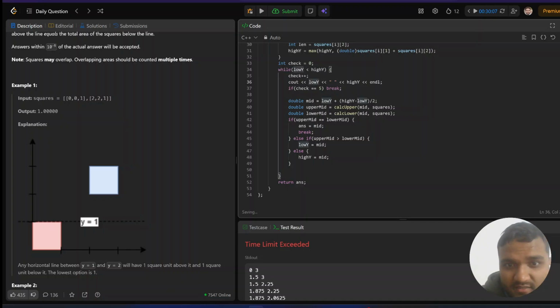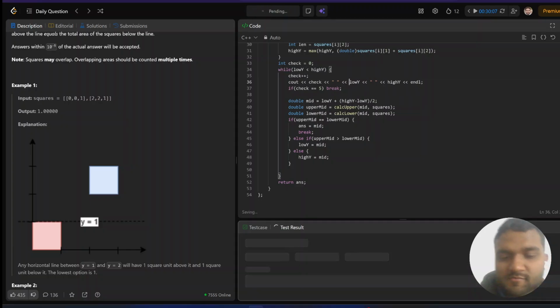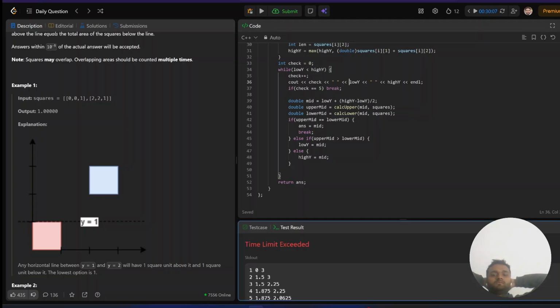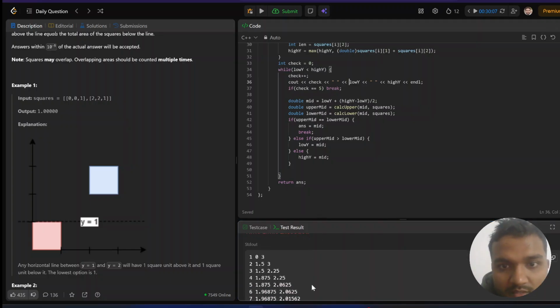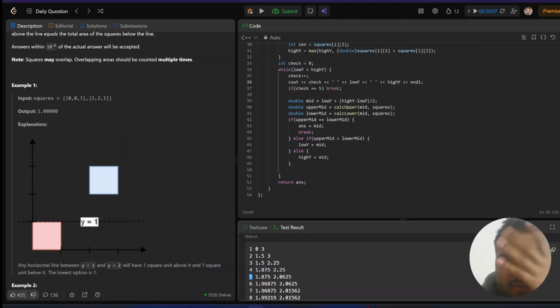Before I print this check. Oh, check becomes 1, check becomes 2, check becomes 3, check becomes 4, check becomes 5. When check goes out, check goes to 6, man.